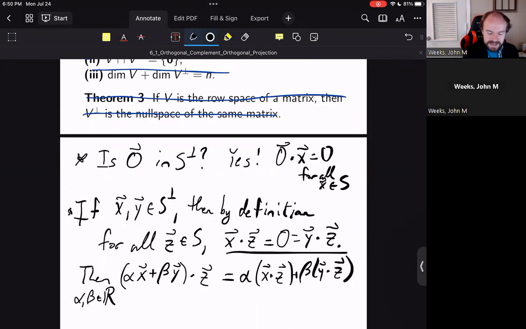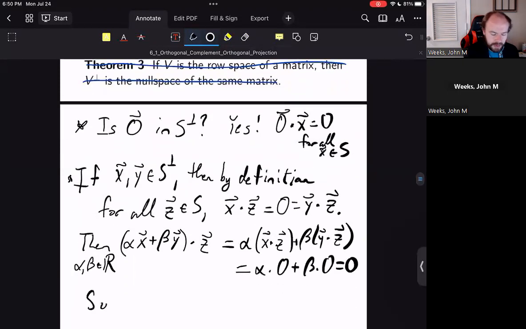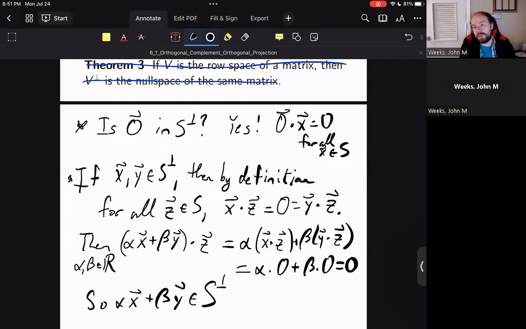Since both of these are equal to 0, we get alpha times 0 plus beta times 0, so this dot product is 0. So any linear combination of x and y is also in S perp. This passes the subspace test, and we have that S perp is a subspace.